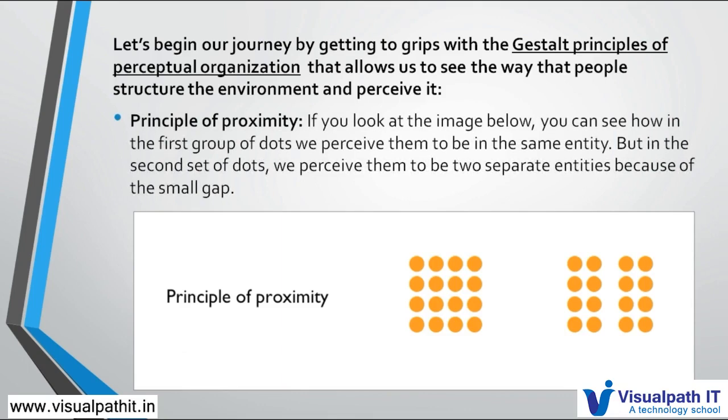Principle of proximity. If you look at the image below, you can see how the first group of dots we perceive to be in the same entity, but the second set of dots we perceive to be two separate entities because of the small gap.